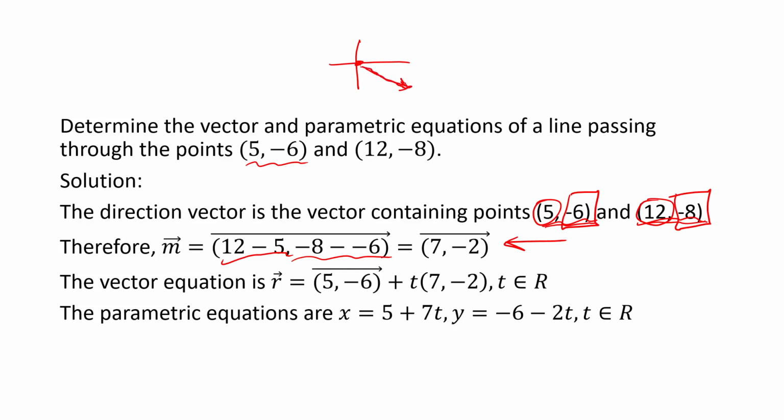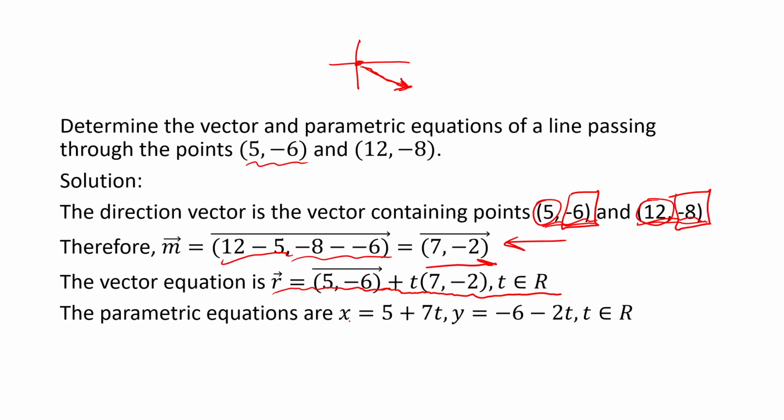So I can call this vector (5, -6) the position vector. So the equation of the line would be r = (5, -6) + t(7, -2), where t is a parameter, and (7, -2) is the direction vector.